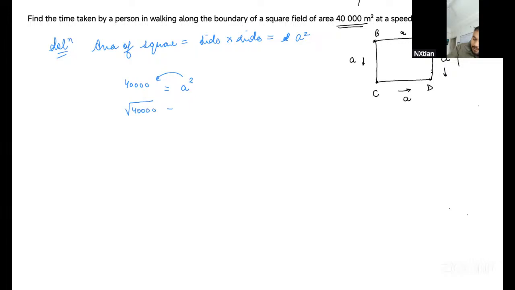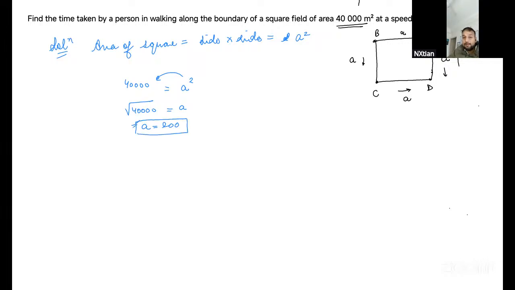For finding it, we know the area of a square is side into side, or a square. The area of the square is given as 40,000, which equals a square. Taking the square root, a becomes 200. Four zeros are there, yeah, 200.